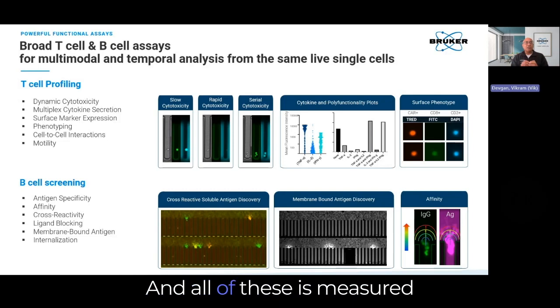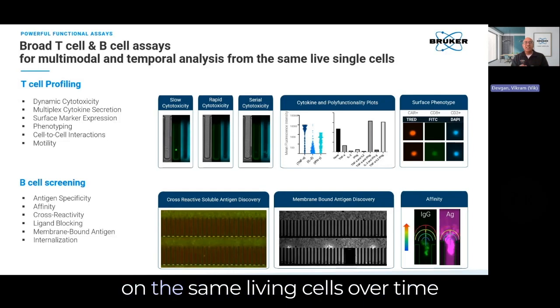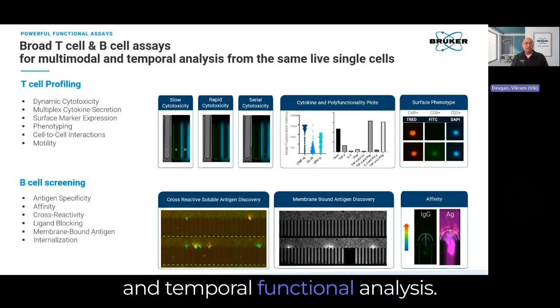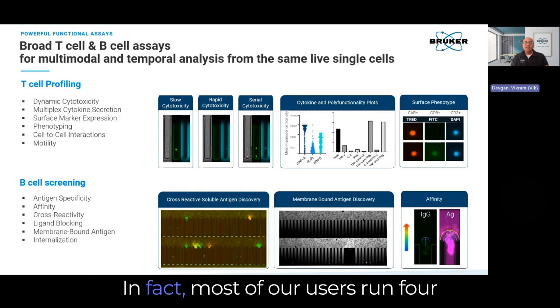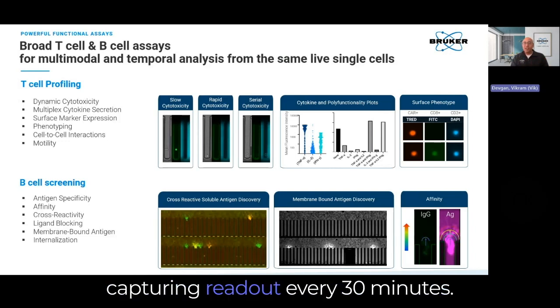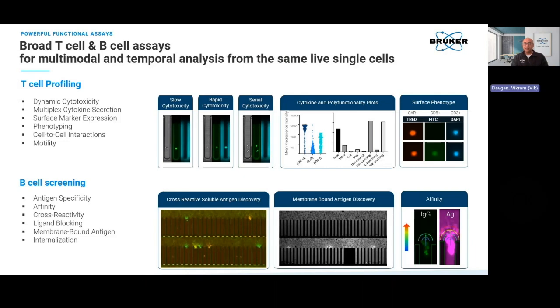And all of these are measured on the same living cells over time, giving you true multimodal and temporal functional analysis. In fact, most of our users run 4 to 5 assays on the same single cells over 24 hours, capturing readout every 30 minutes.